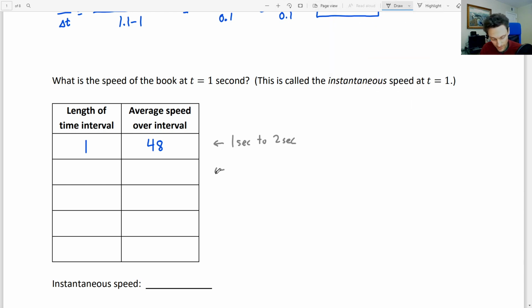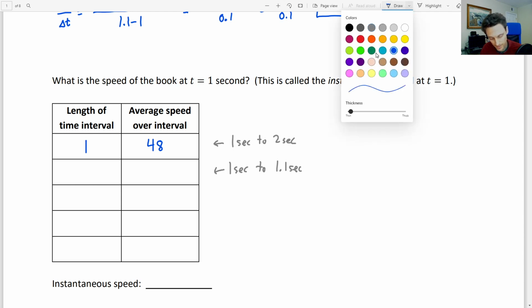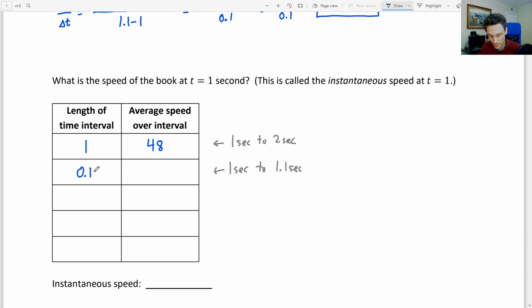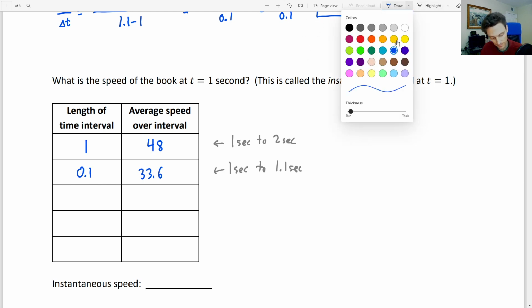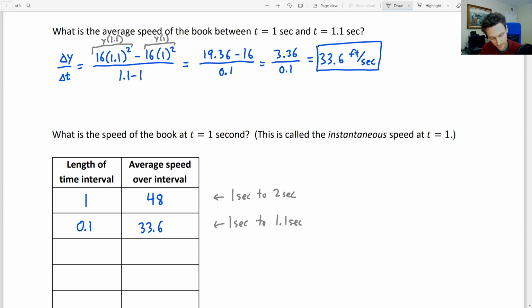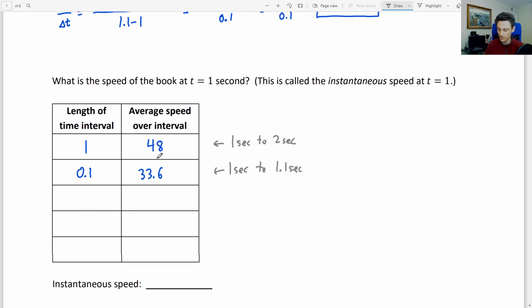And we also figured out from 1 second to 1.1 seconds. That was a time interval of length 0.1 seconds, and the average speed was 33.6 feet per second. That's what we figured out a moment ago. So I'm just copying down our results from the first two.